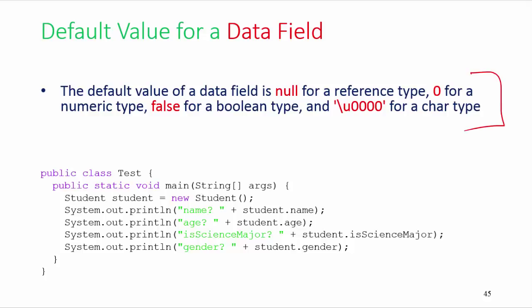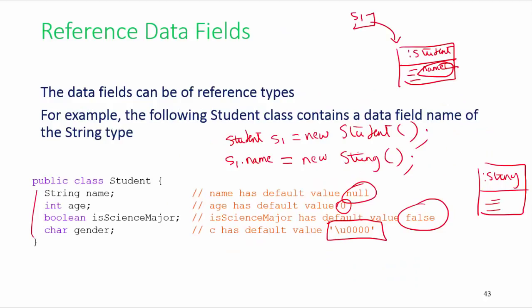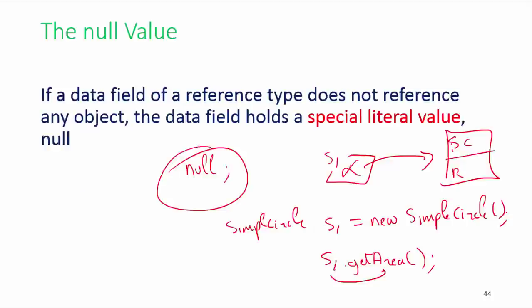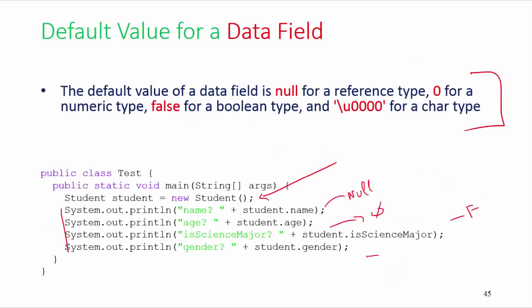If I was creating a new object of class Student and then displaying the fields in that object, I would get a null string for the name, 0 here, false here, and for student.gender, which was a character, I would get the blank Unicode character.